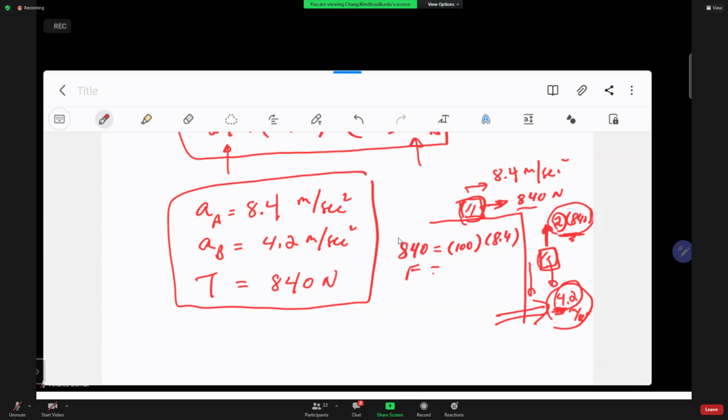So F equals ma exists. Same thing in here: 2 times 840, and then the weight is equal to mass 300 times the 4.2 acceleration. So this is ma, and this is the summation of the forces. So you can verify those.